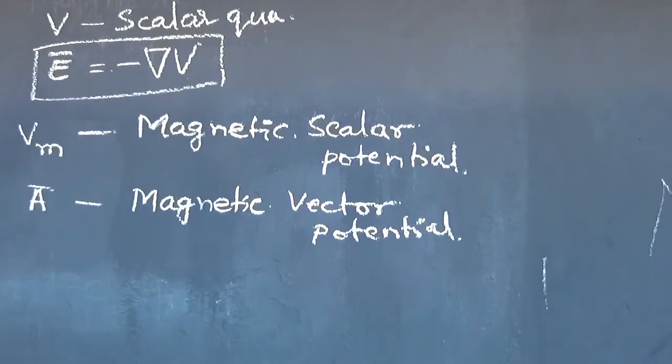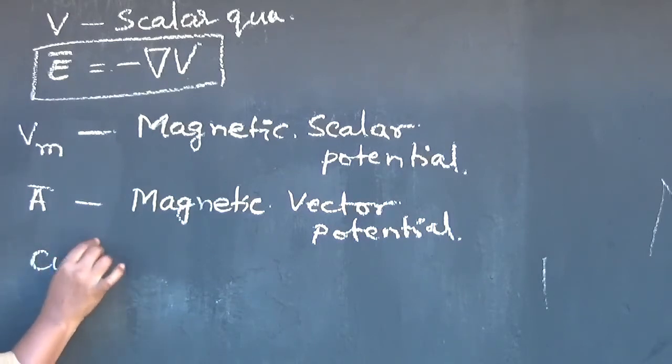Now, what are they? To identify these potentials, we have to use two curl identities.